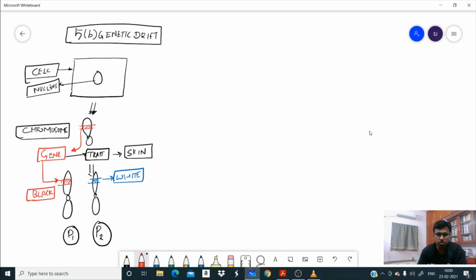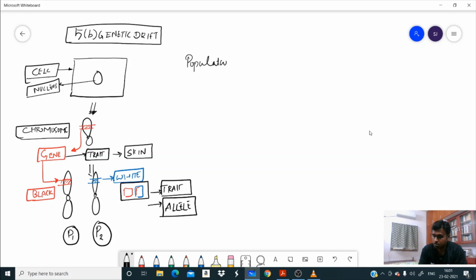So these two, the gene for black and white skin, actually code for the same trait, which is skin color, but there are two variations, and hence they are called alleles. So genes coding for the same trait but having different variations are called alleles.